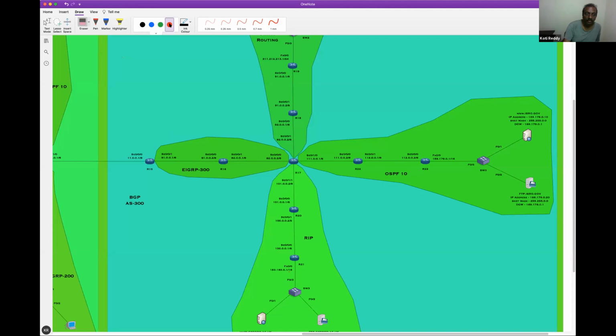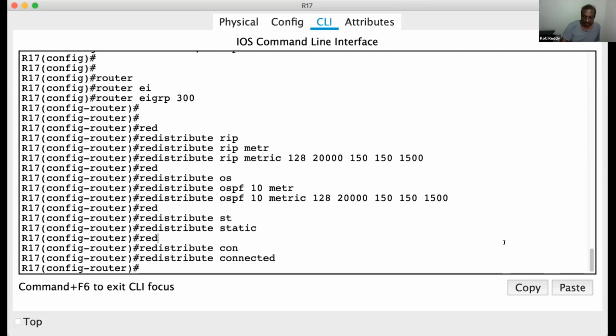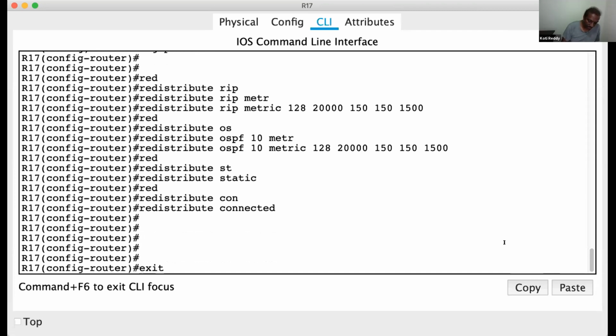Similarly, I ask OSPF to redistribute RIP protocol routes, EIGRP routes, static routes, and also connected routes. So let's do that on R17. In R17, I say exit.